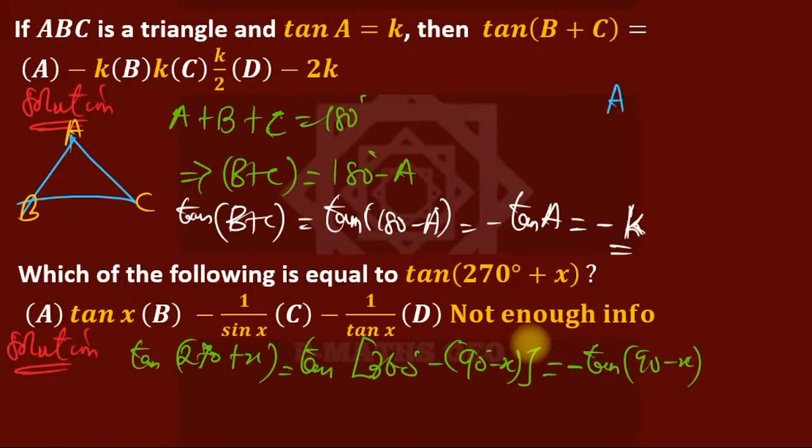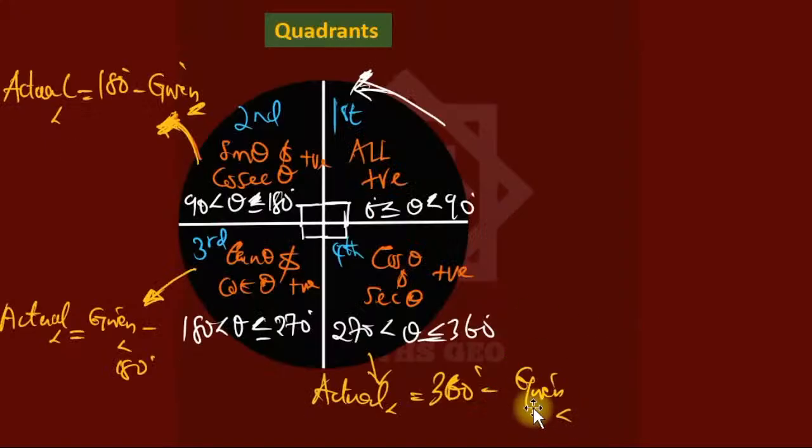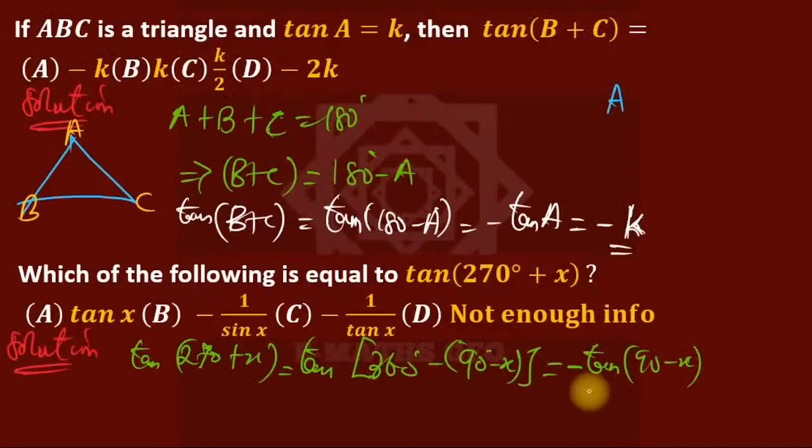So this is the same as minus tan of (90 minus x). Since it's 360 minus, the given angle is now 90 minus x, and we take minus because tan is negative there. So what do you observe? You can still continue.